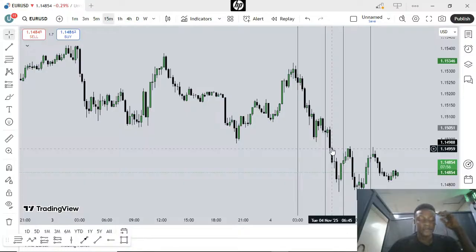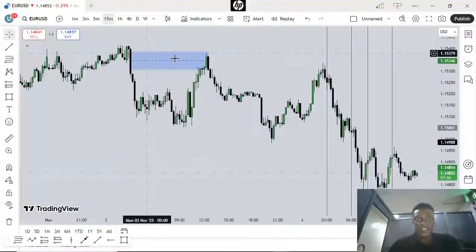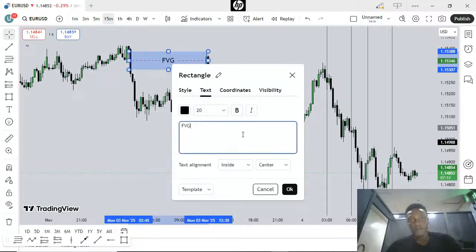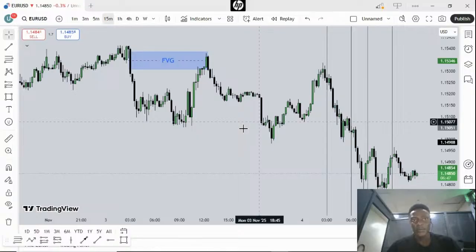Prior to that, we can remember that whatever we are doing here, there is a fair value gap here. So price came into this fair value gap, taking out sell side liquidity.